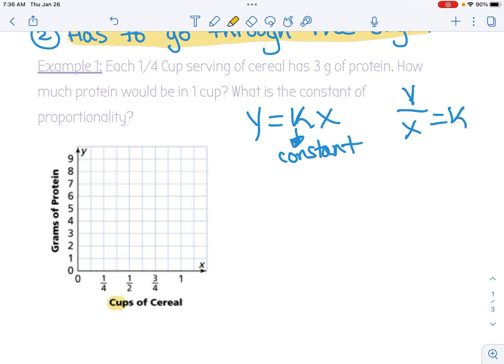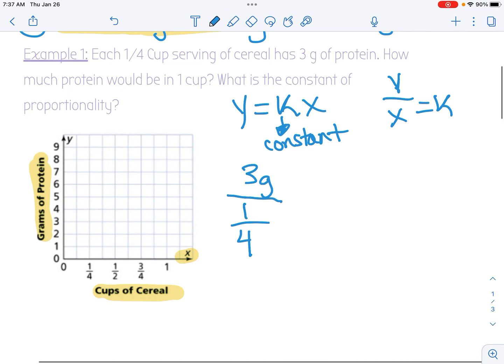So in this case, I see that cups of cereal is my x and grams of protein is my y. So I can say that I have 3 grams of protein, which is my y, and I have 1/4 cup of cereal, which is my x.